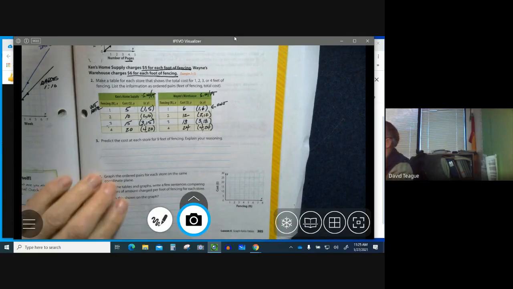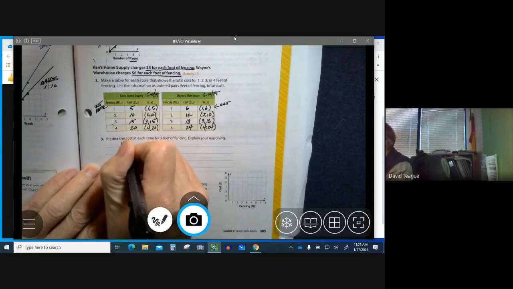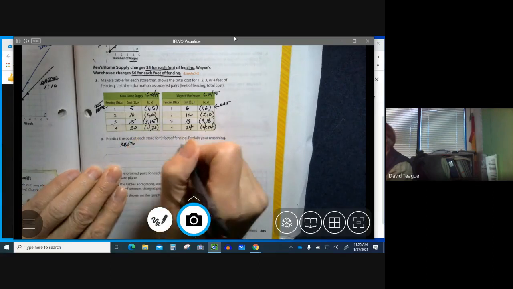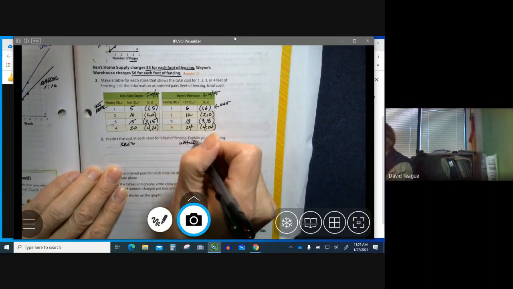Okay, number 3 says predict the cost at each store for 9 feet of fencing. Explain your reasoning. Okay, well, at Ken's, let's do this. This is Ken's, and this is Wayne's. Right?